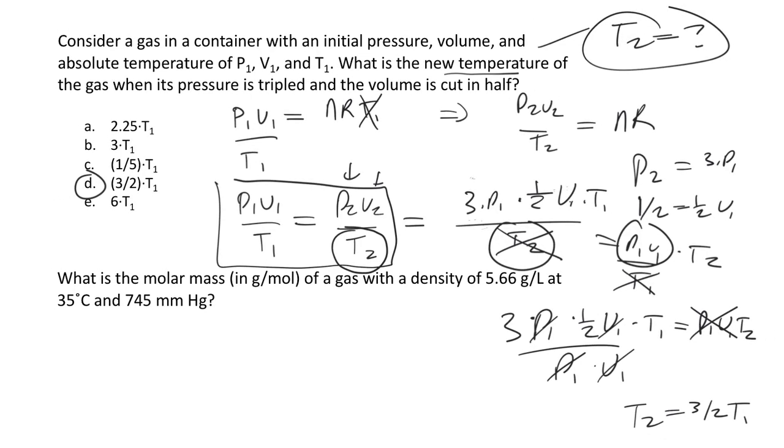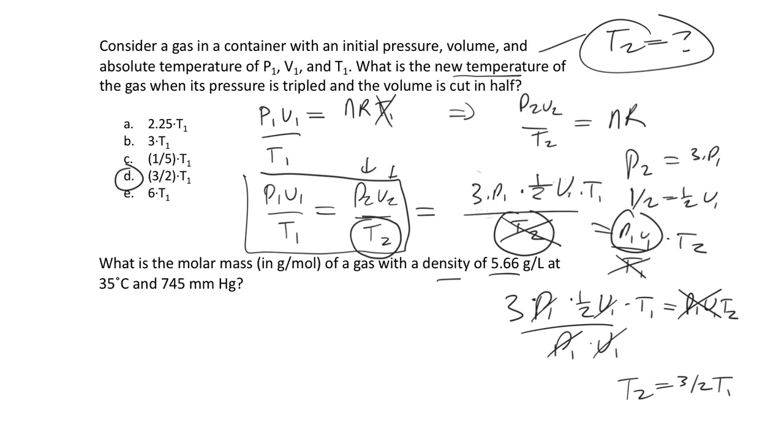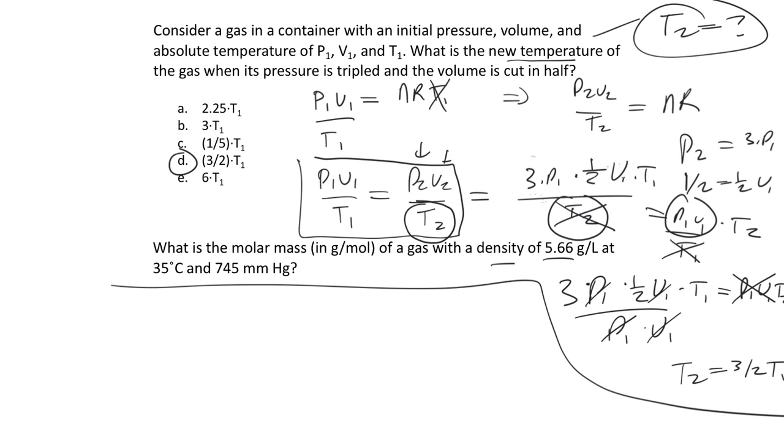So the molar mass of a gas with a density of 5.66 grams per liter at the given temperature and pressure. And so this problem here looks like it's going to come back to that same equation we were using on our first problem, that M over molar mass was equal to PV over RT.